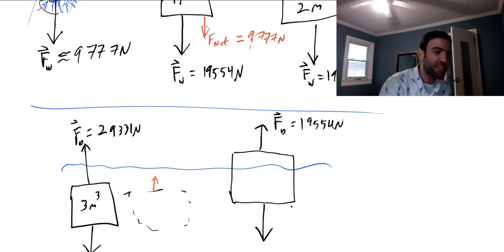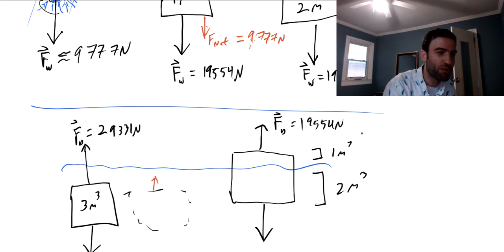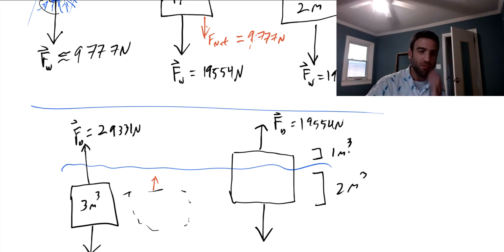And what that tells me is that it must be the case that underneath the surface of the water is 2 cubic meters of the stuff, and above the surface of the water is 1 cubic meter of this bag of stuff, or whatever this object is, right? Because 2 cubic meters of something underwater is the amount of object underwater that would lead to this much of an upward buoyant force acting on the object. Okay.